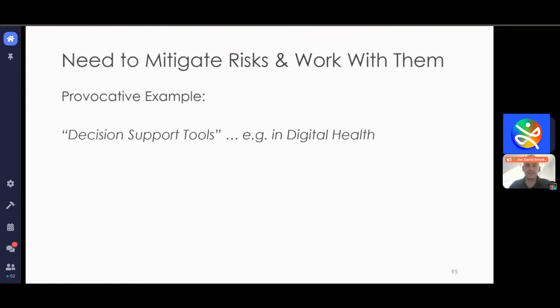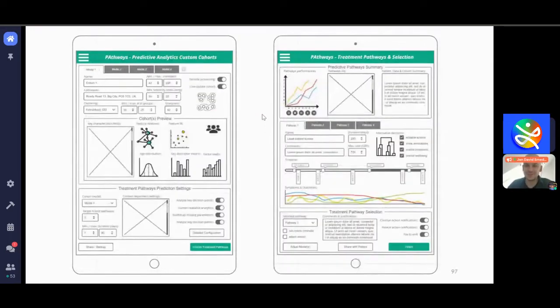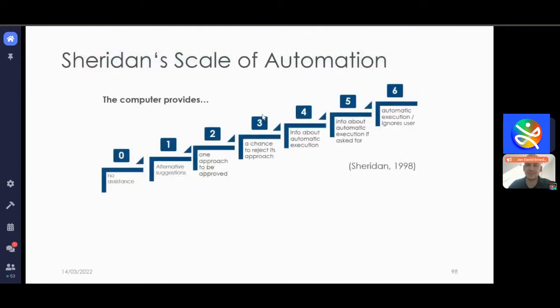And at the end of the last session, you looked at a bit of a crazy, provocative decision support system for an imaginary digital health use case, which was decisively bad, and we criticized the potential impact and outcomes of such a system.